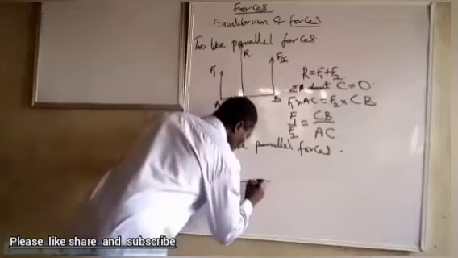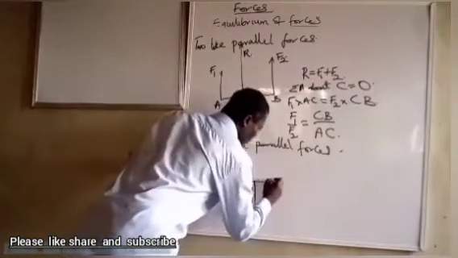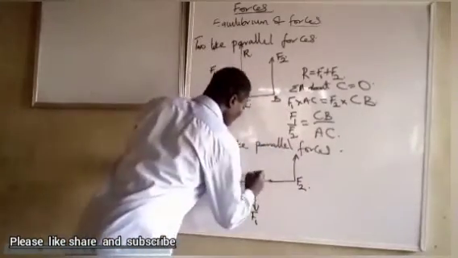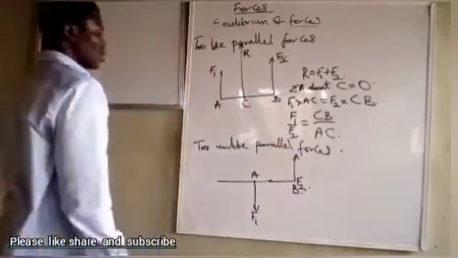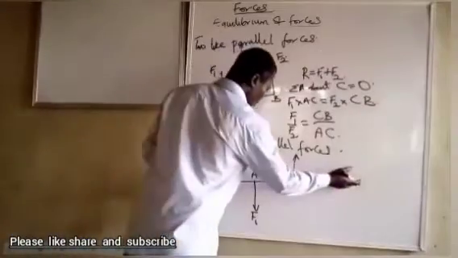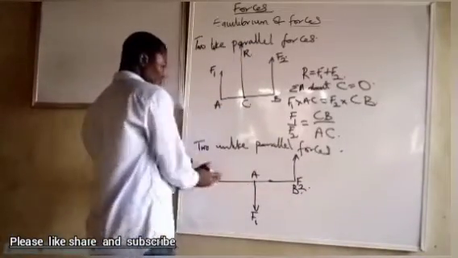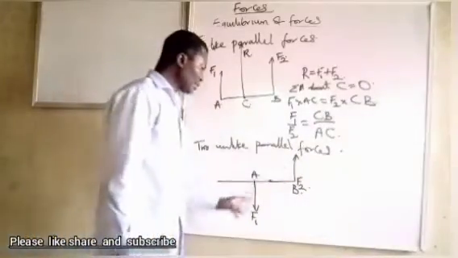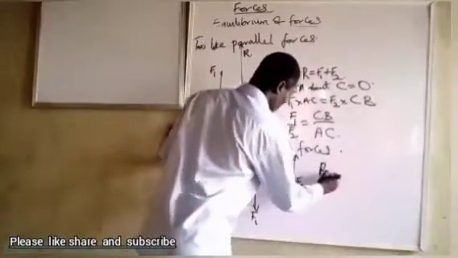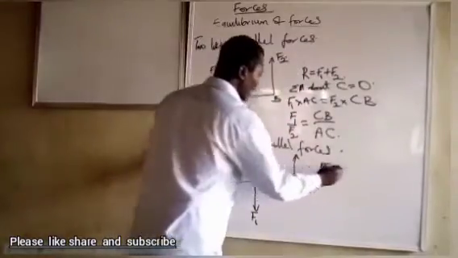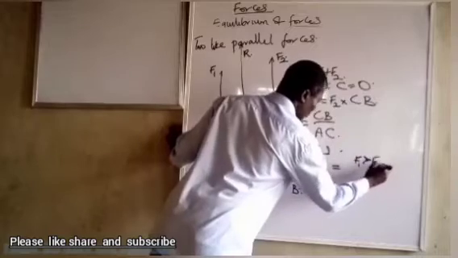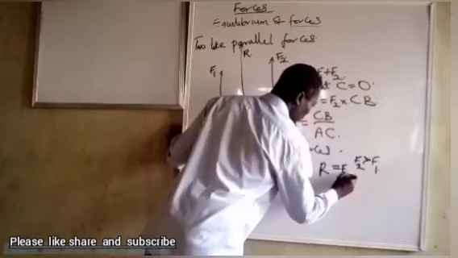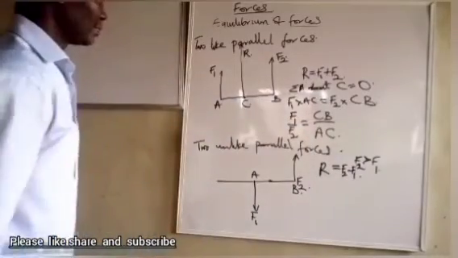You are going to have force F1, force F2, and let's make this one A and B. The resultant is going to be before A or after B, depending on the sizes of these forces. So R is going to be, if F2 is greater than F1, F2 minus F1. That's what it's going to be.